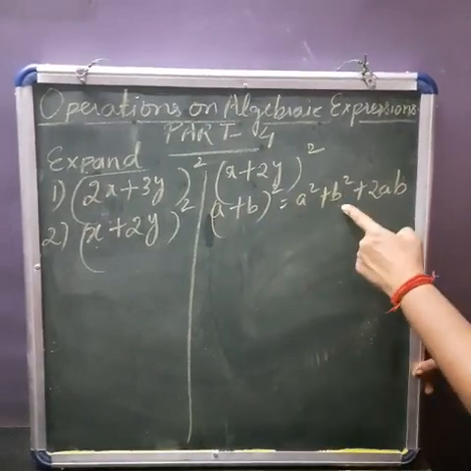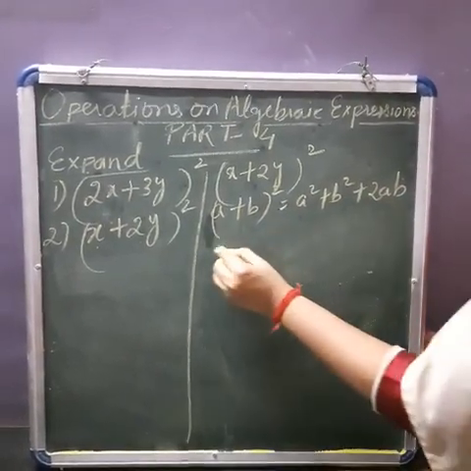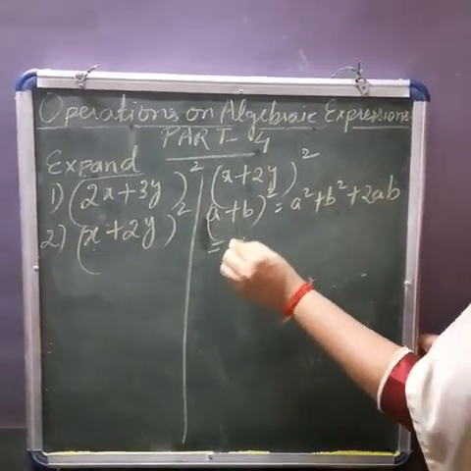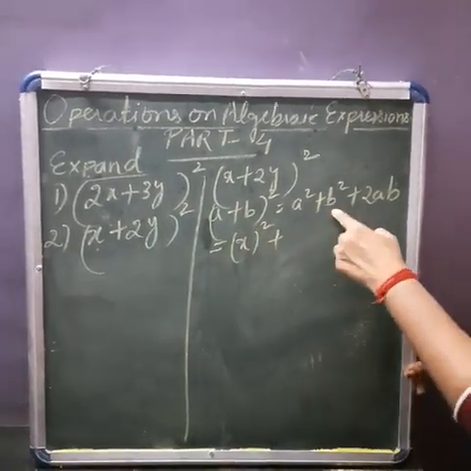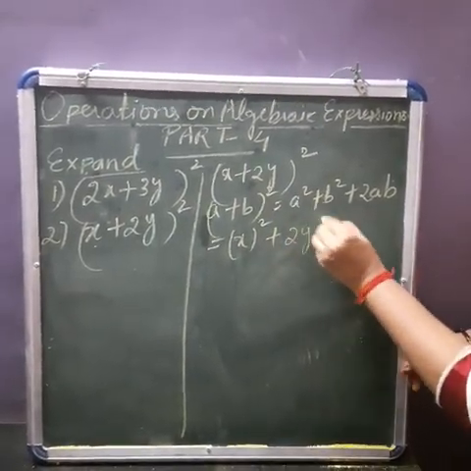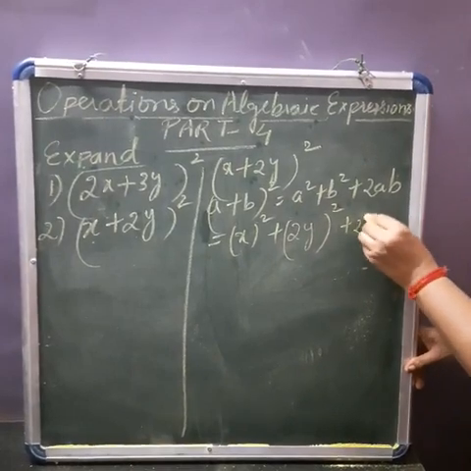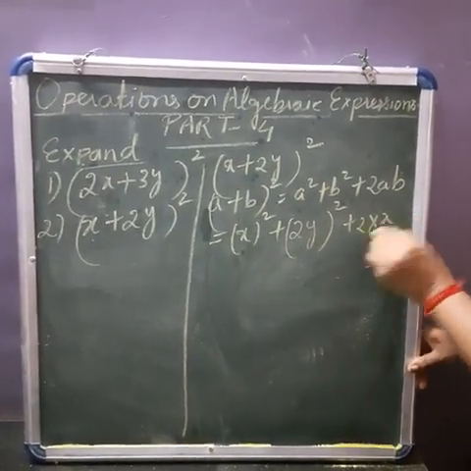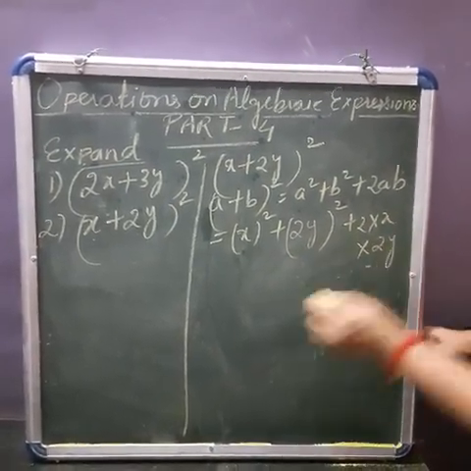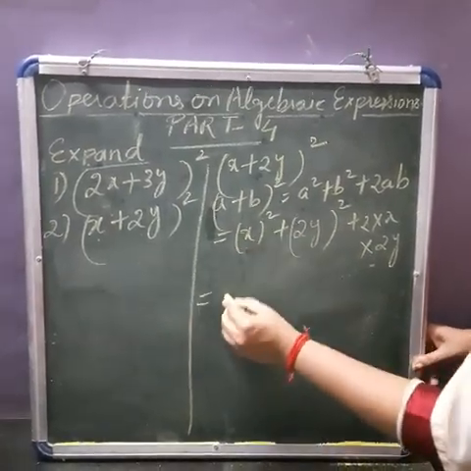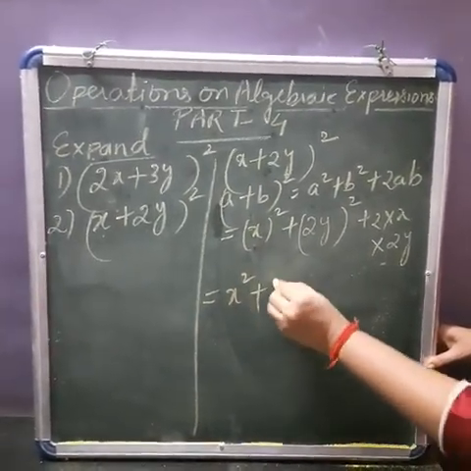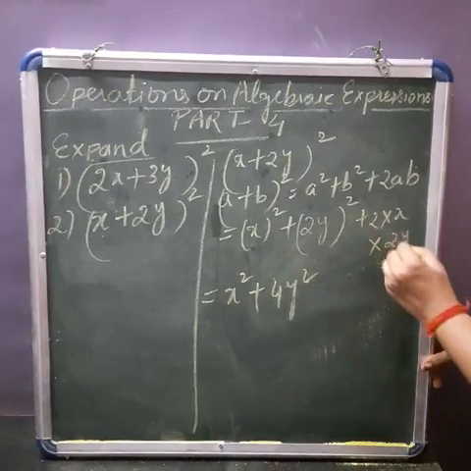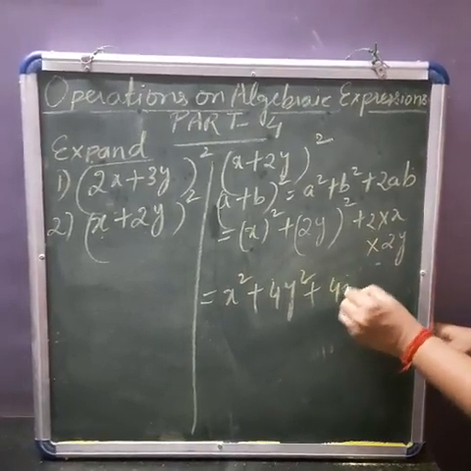So a square plus b square plus 2ab again you will use. Now x whole square, for b we will use (2y) whole square, plus 2 multiplied by x multiplied by 2y. In the next step you will open the bracket, it will be x square plus 4y square plus 2 twos are 4xy.